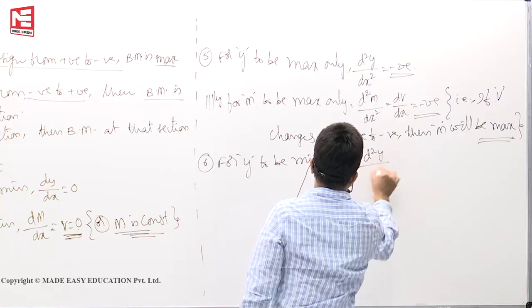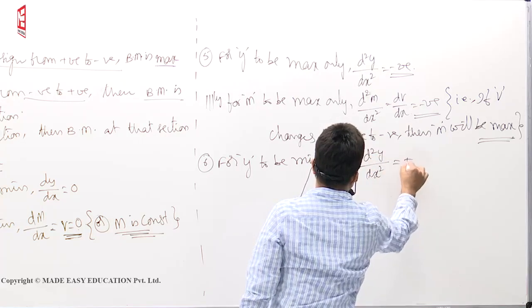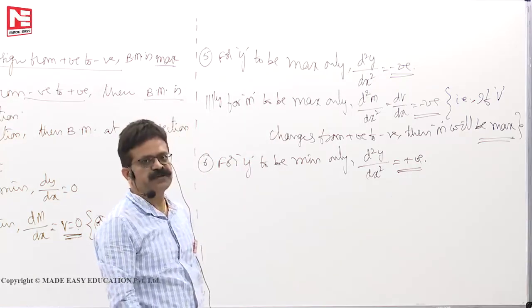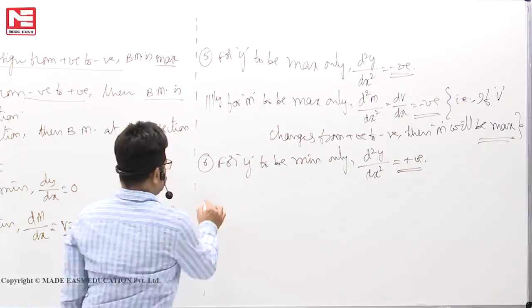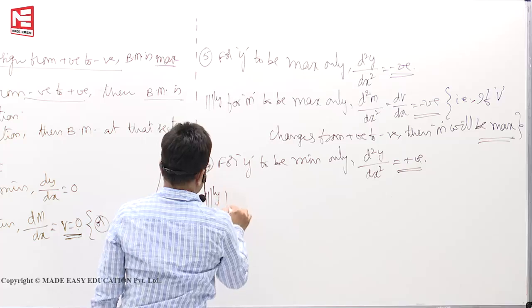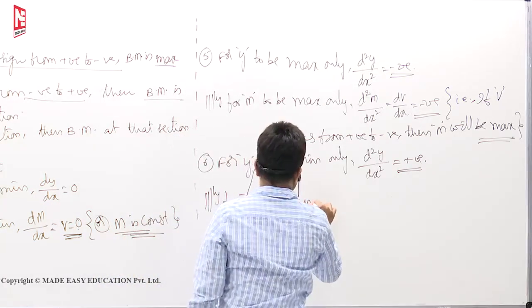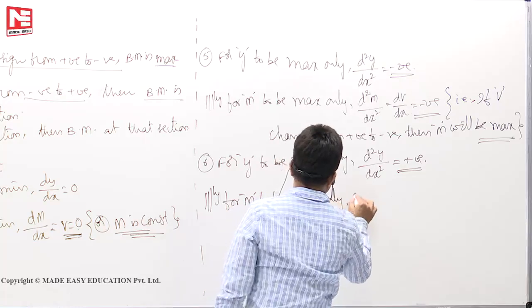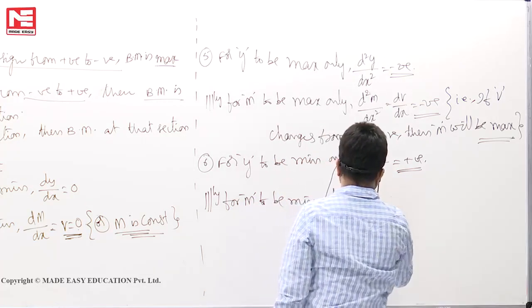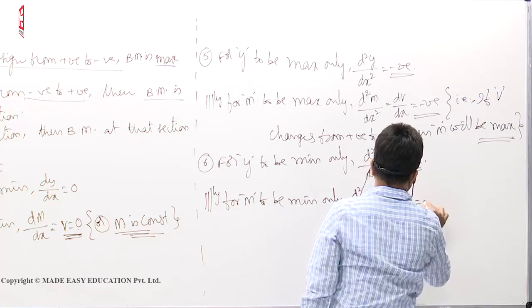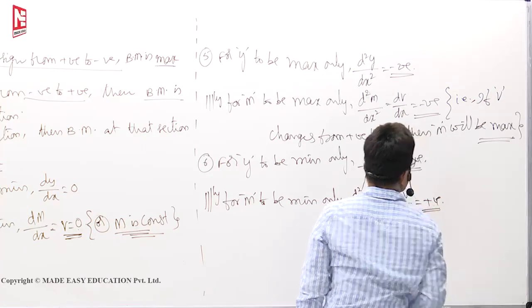Then you have studied that for y to be minimum only, d square y by dx square must be positive. You should get a positive quantity. So similarly, for M to be minimum only, d square M by dx square, which is nothing but dV by dx, must be a positive quantity.